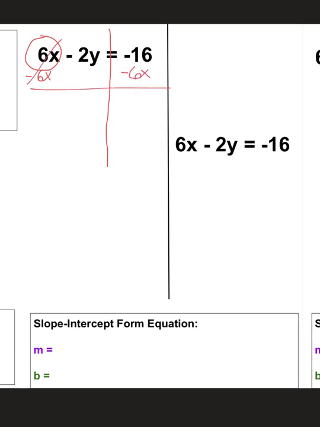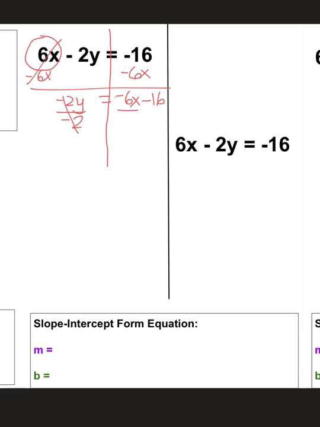That cancels off the 6x's, leaves me with negative 2y equals negative 6x minus 16. Now, looking at the side that has the variable y, it is not by itself, so you're going to need to continue your process, which is cancel out that negative 2 that's being multiplied with the y. To do that, the opposite would be to divide by negative 2.